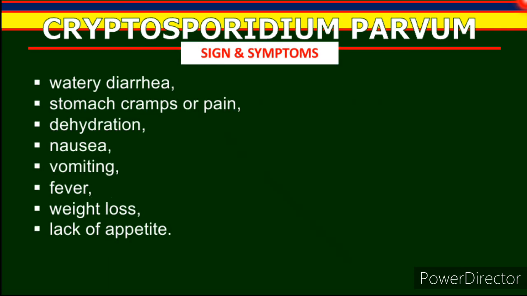Symptoms of crypto generally begin 2 to 10 days after being infected with the parasite. The most common symptoms are watery diarrhea, stomach cramps or pain, dehydration, nausea, vomiting, fever, weight loss, and lack of appetite. Some people with crypto will have no symptoms at all.